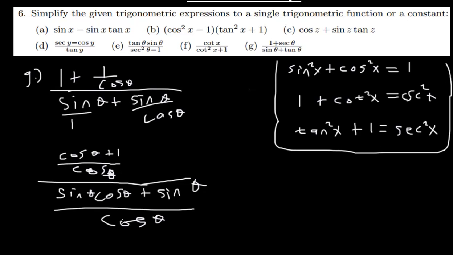Then you discover that that cos and that cos will cancel, meaning you are just going to remain with cos theta on top plus 1.